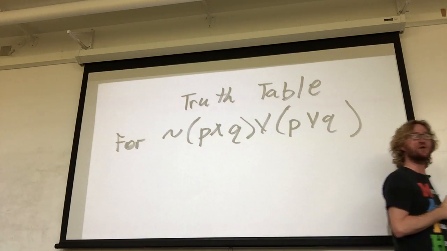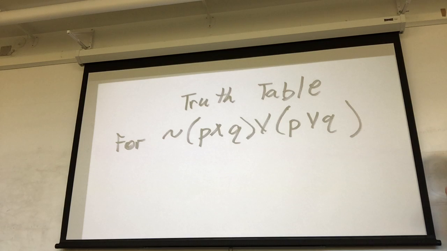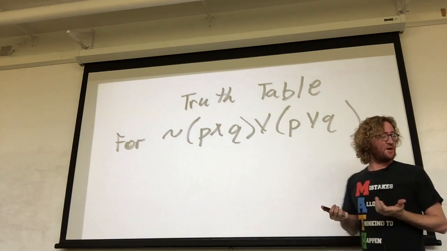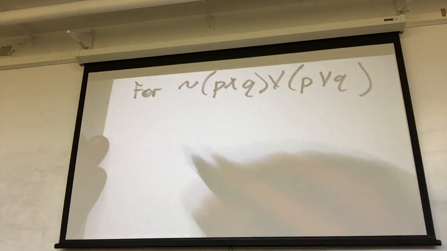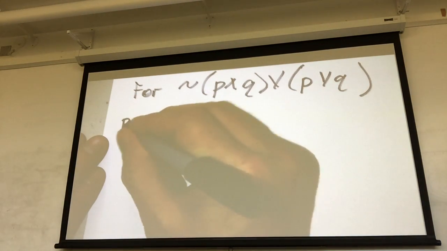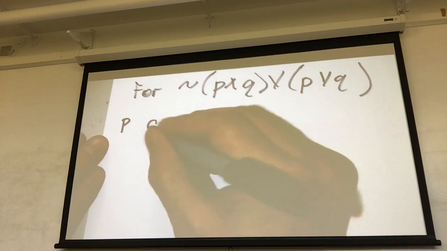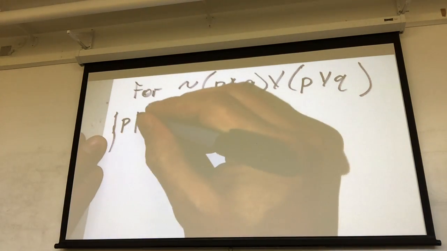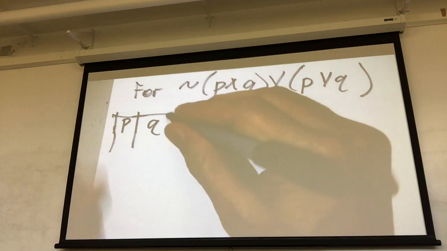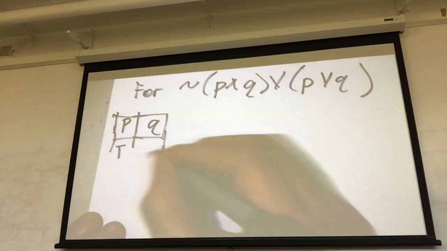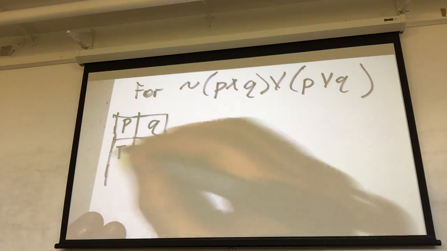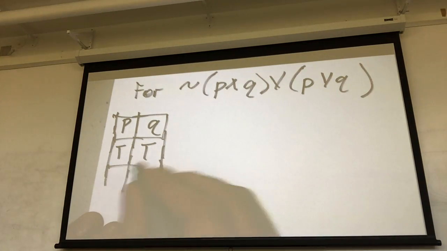Okay? So let's start this off. When you start your truth table, what are you going to do? Let's start with just P and Q. We just want to know, is P true or false. So I'm going to start with P and Q. Now our only options when dealing with just two of these are that we can have true, true. The order in which you do this is not unique.